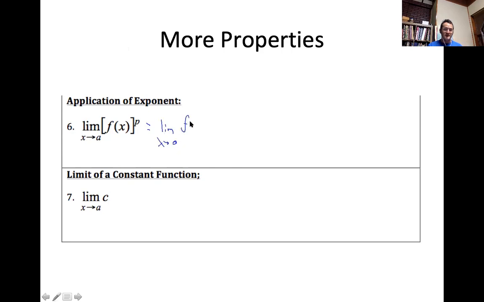We could do the limit as x approaches a of f of x and take that to the p power. So this would be the number L to the p.